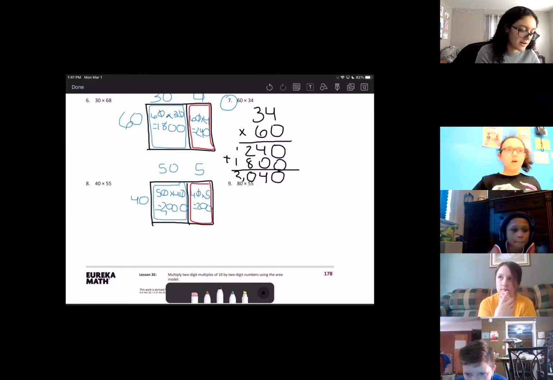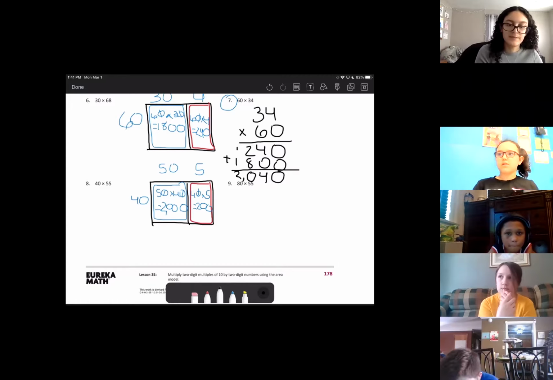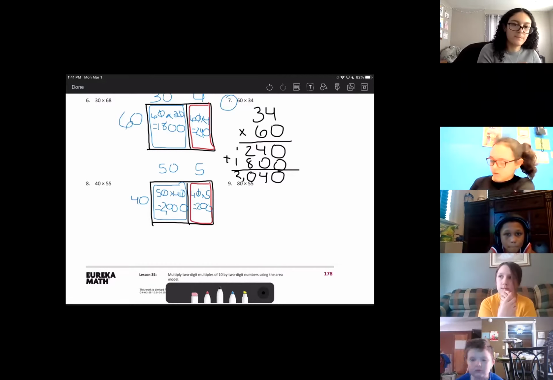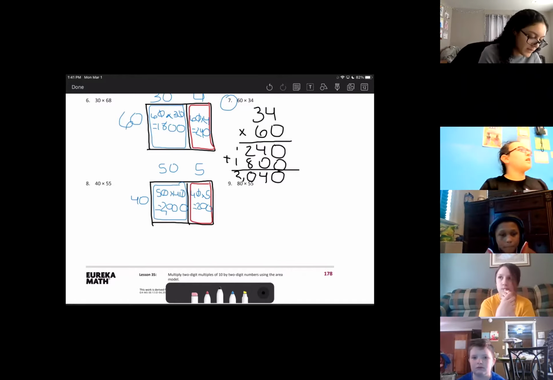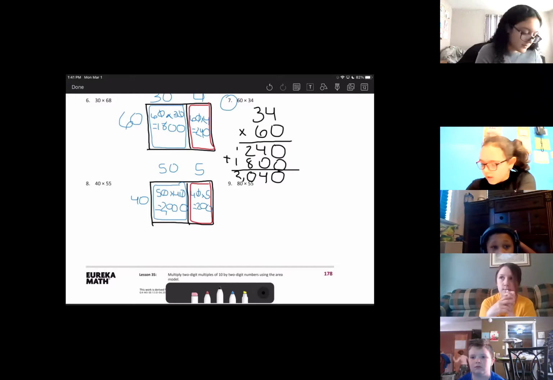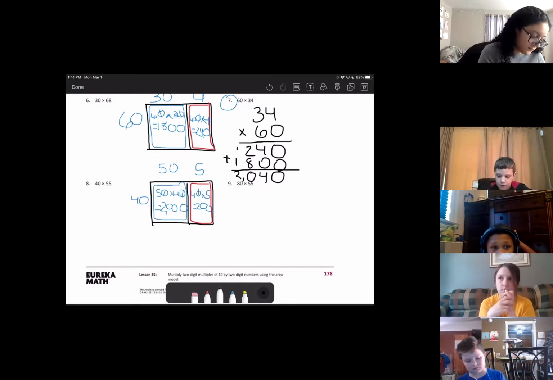So now I'm going to write it vertically so we can see it. So Jack, what number am I going to put on the top? 40. Wait, 55. 55, right?